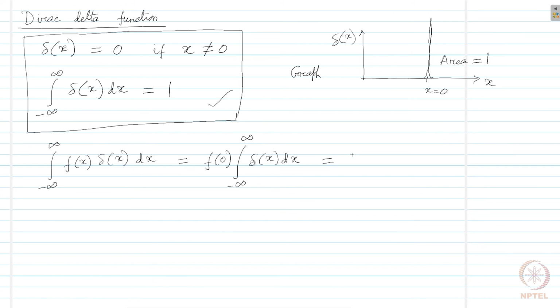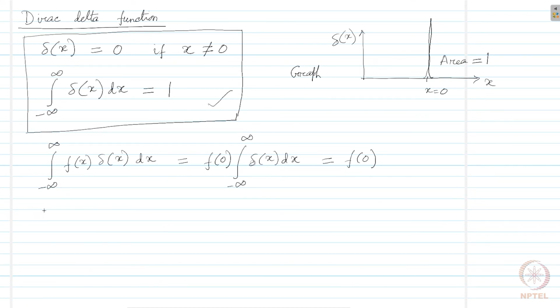This integral becomes 1, so we are left with the value of the function at 0. That is what we will have, and this is the proper definition of the Dirac delta function.